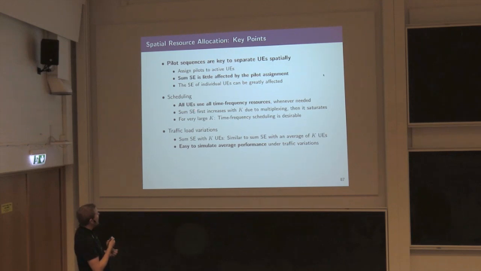However, when you have a very large number of users so that you have reached the top sum spectral efficiency value, then you should start to do time-frequency scheduling and let some of the users take turns. And in terms of traffic load variations, it's easy to simulate average performance under traffic variations because on average k or always exactly k brings you almost the same results.